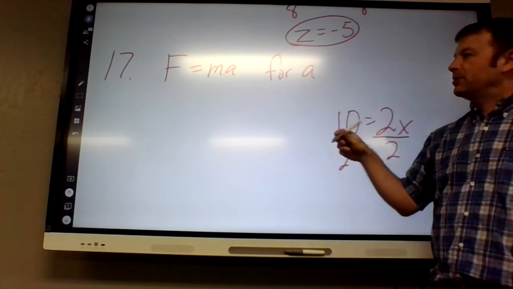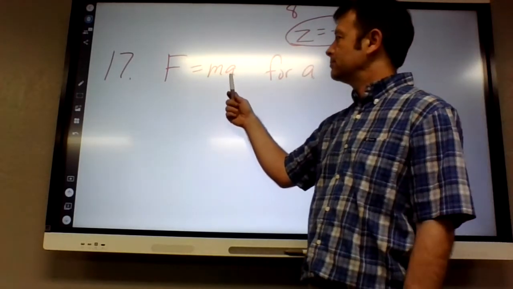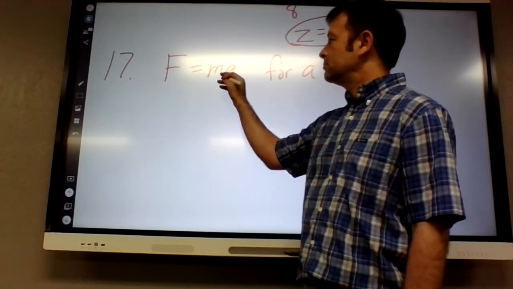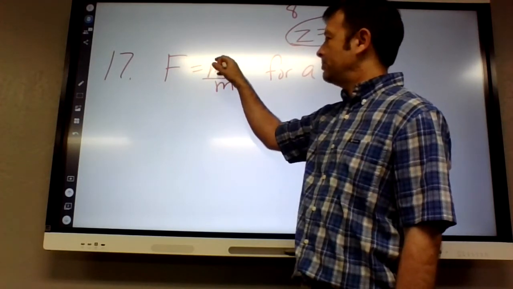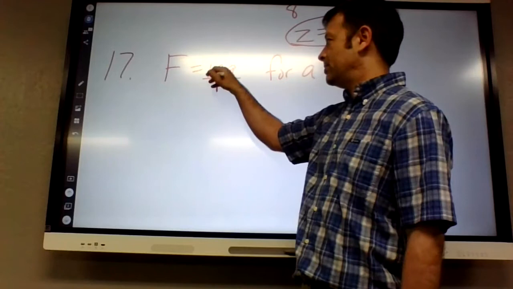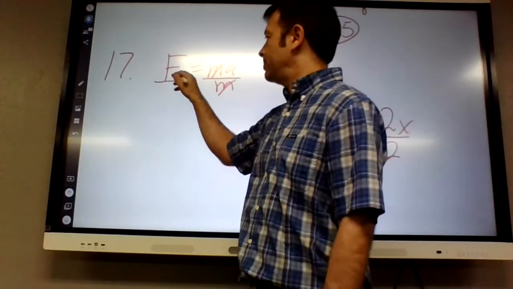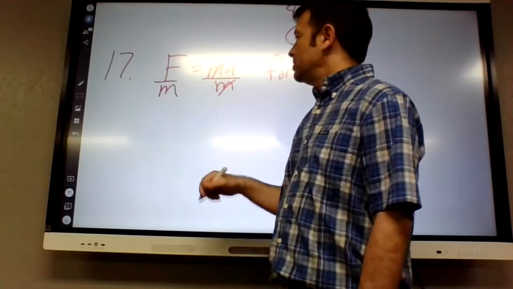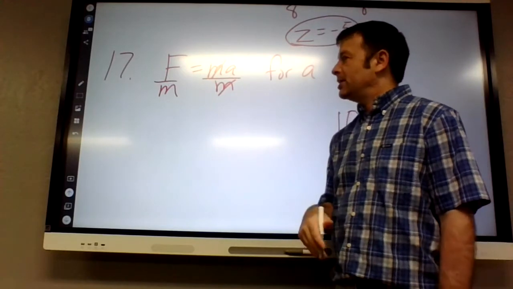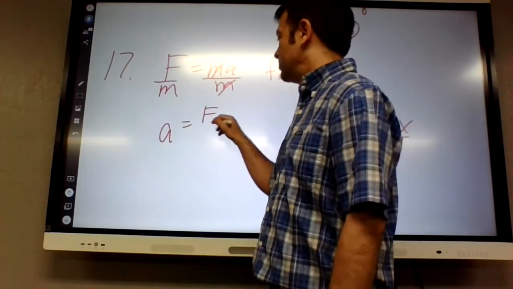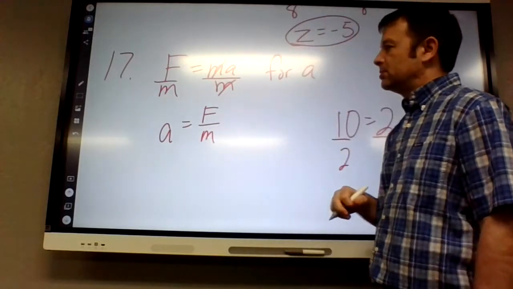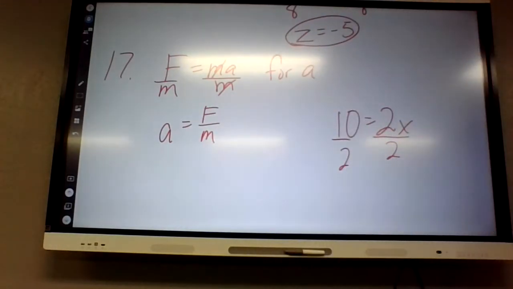So on this one, how do I solve this for a? Divide by m. You guys remember doing this? This would have been 2 years ago probably. I don't think we did anything like this in algebra or geometry. So the m's go away, you just get a equals f divided by m. It's not really a number solution, it's just letters.